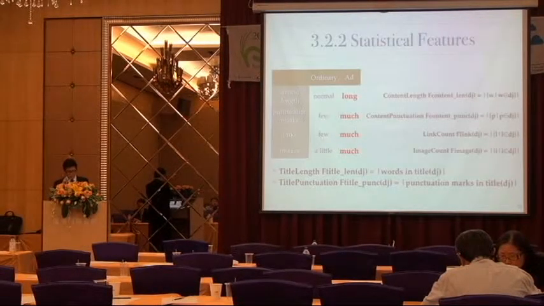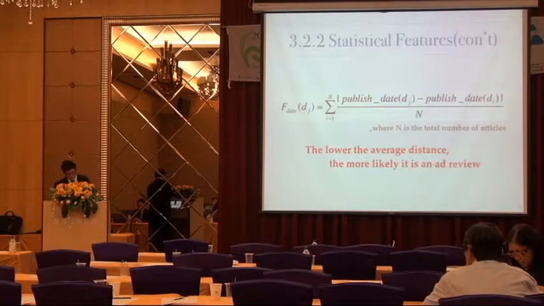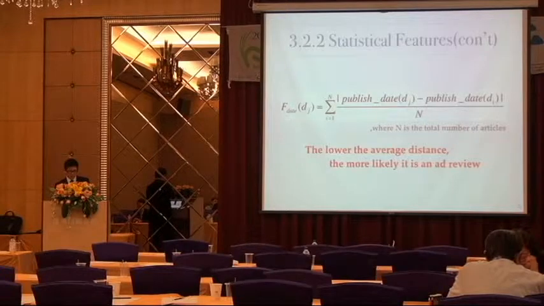The second type of features is statistical features. In addition to review contents, some potential statistical characteristics in documents could help us to identify ad reviews. Published dates of postings might be possible features, since vendors usually require the reviews to be published within a specific range of dates around the product launch period.